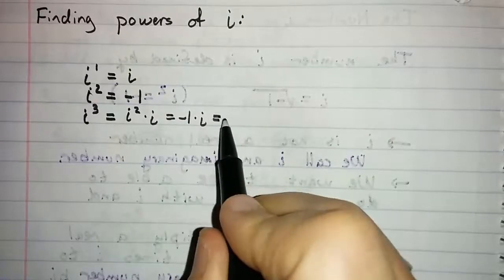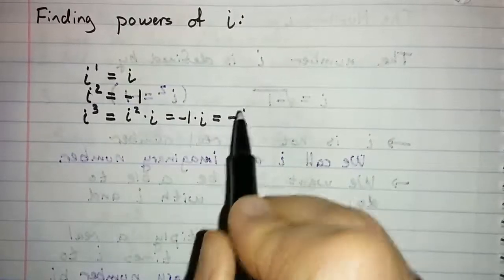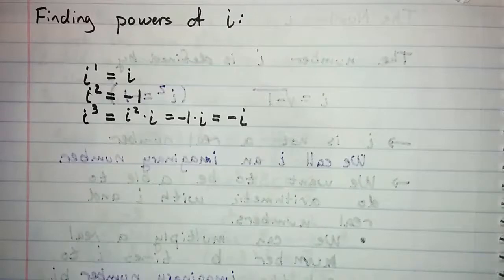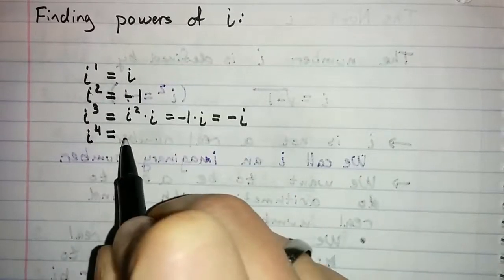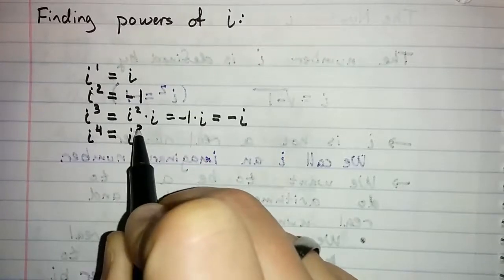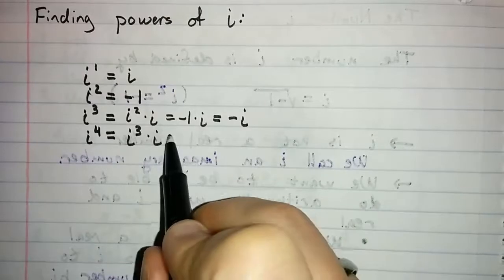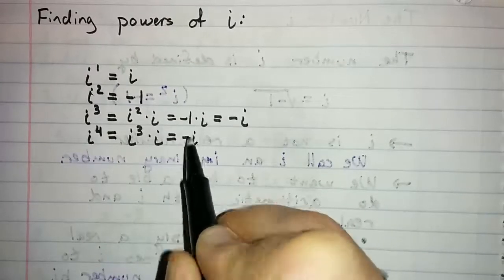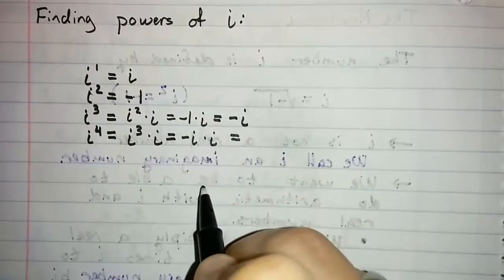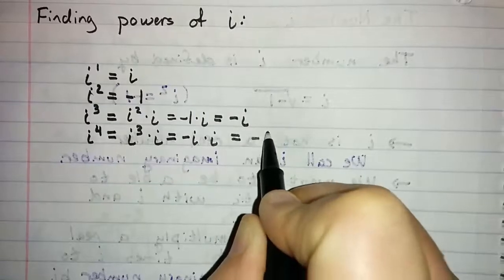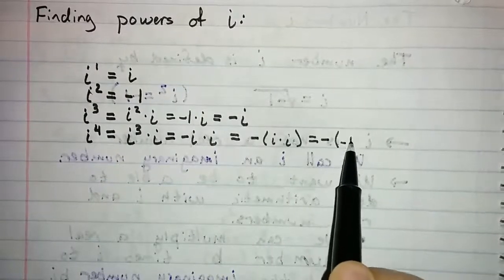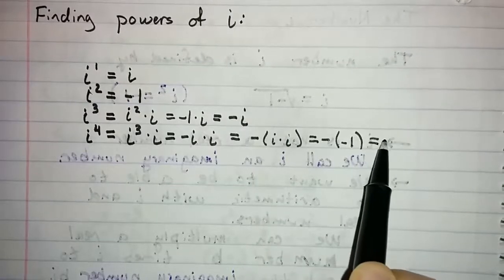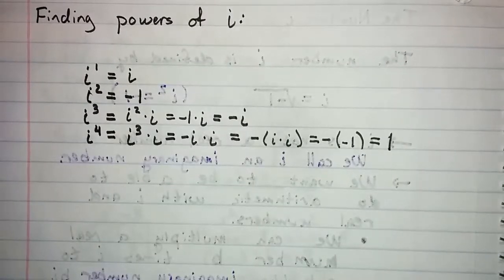So this is going to be just negative 1 times i, or negative i. i to the fourth, well, that's going to be i to the third times i. i to the third we just said was negative i. So multiplication is associative. i times i is negative 1. So i to the fourth is positive 1.